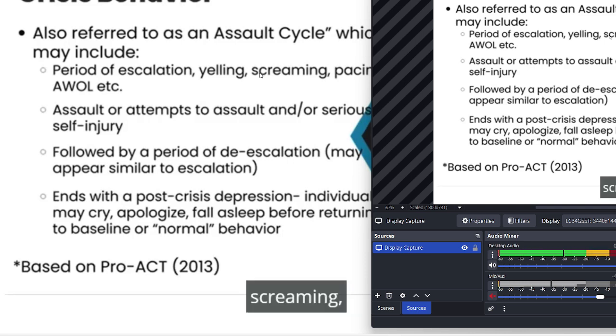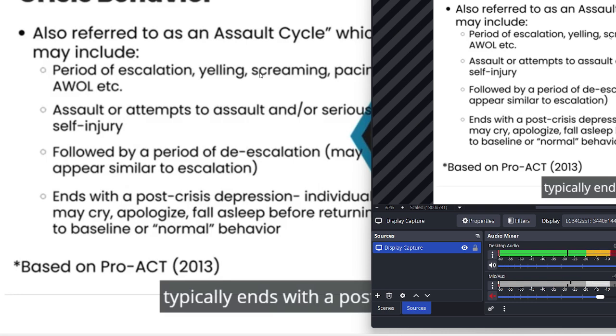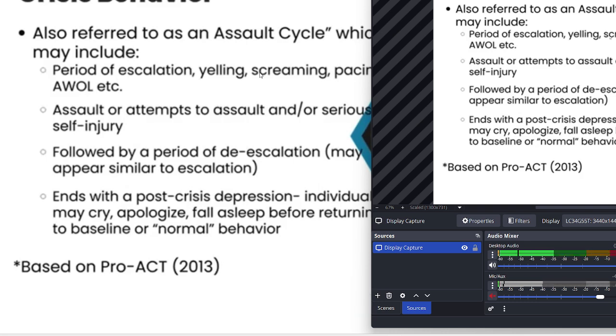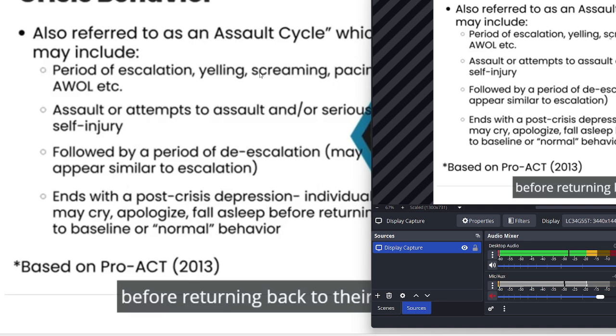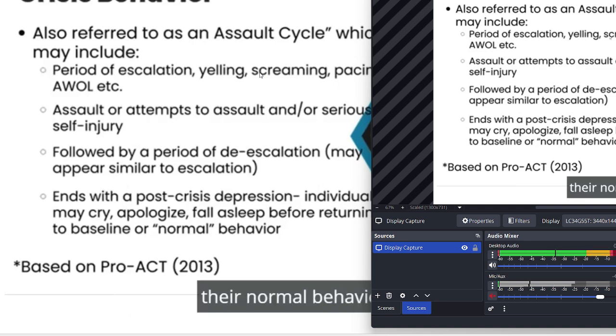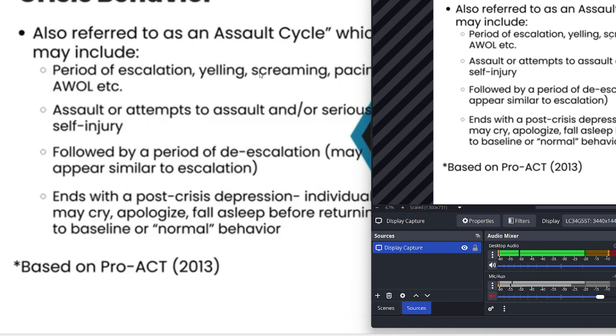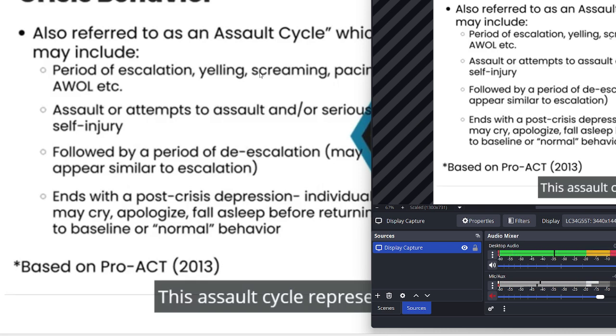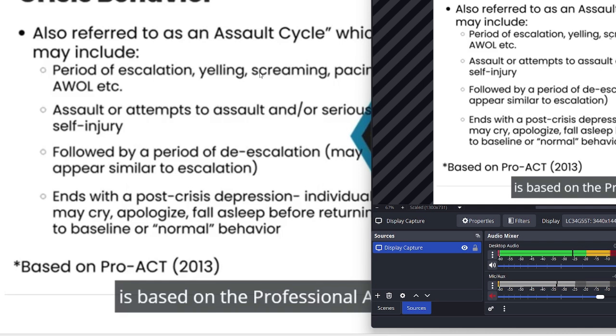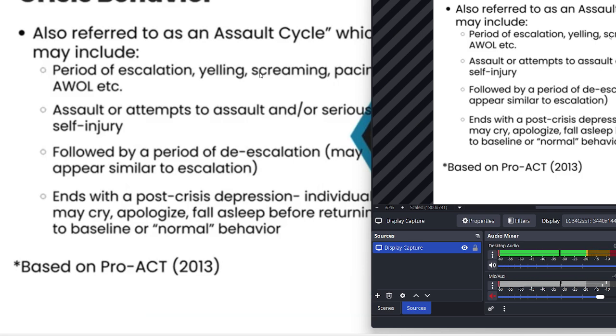Again, yelling, screaming, pacing, and typically ends with a post-crisis depression. During this phase, the individual may cry, apologize, fall asleep before returning back to their baseline or their normal behavior. This assault cycle representation is based on the Professional Assault Crisis Training Manual developed in 2013.